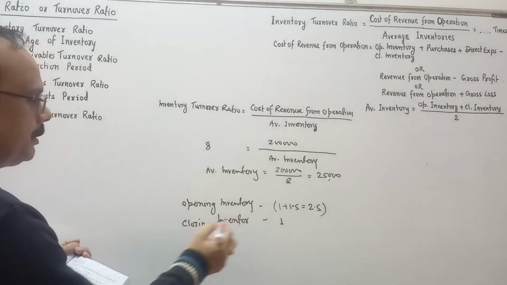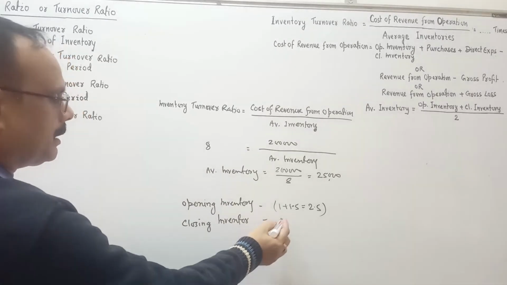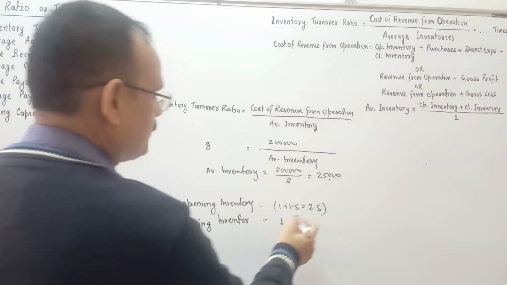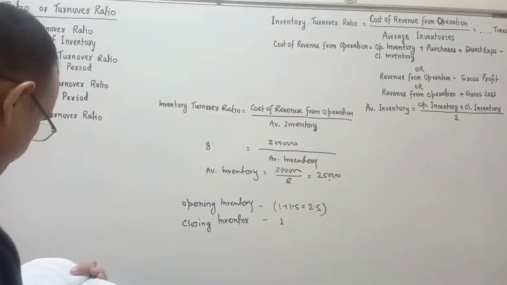Now you see the ratio 1 and 2.5. So the average inventory is how much?